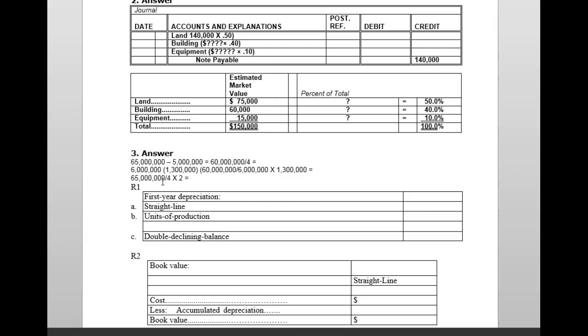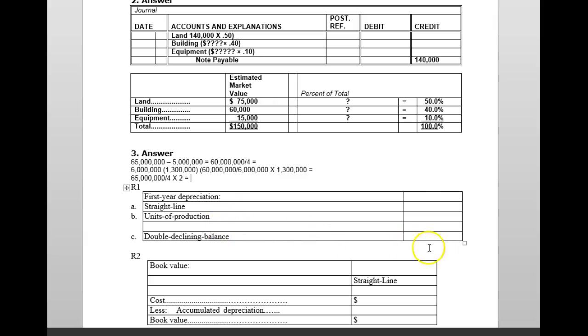And it keeps going down until you get to the residual value, which is the 5 million, and you can't go below that for your depreciation. So you have to be very vigilant about what the remaining balance is on the item that you're depreciating. And it's called double declining because you're doubling the straight line depreciation each year.